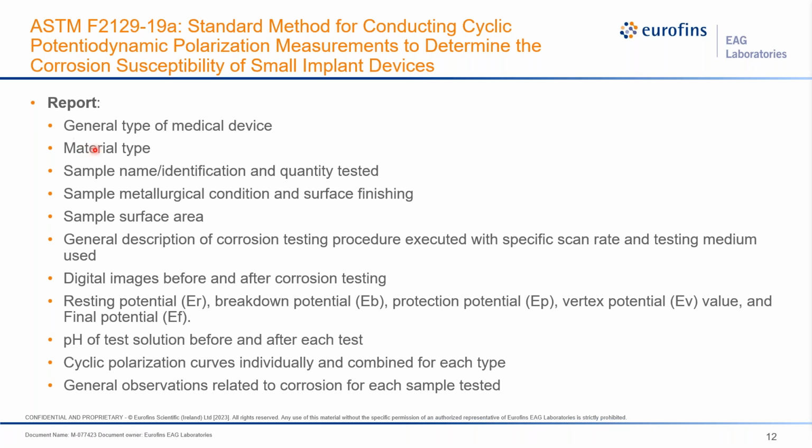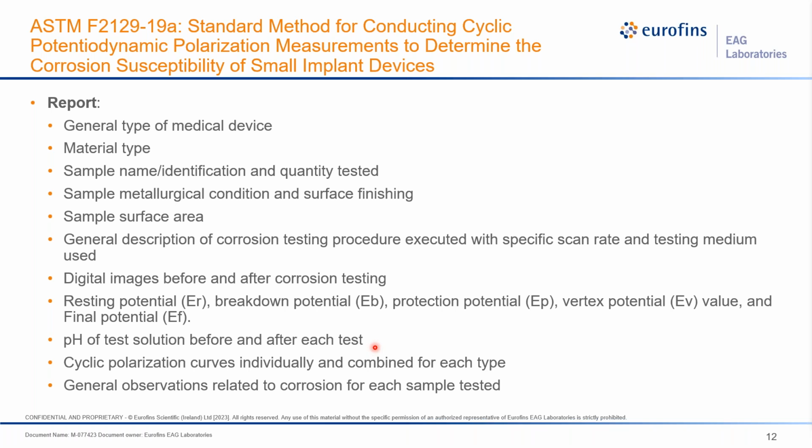We will tell you the general type of medical device, the material type, the sample name, identification, and quantity tested, the sample metallurgical condition and surface finishing, sample surface area, general description of corrosion testing procedure executed with specific scan rate and testing medium used, digital images before and after corrosion testing, resting potential, breakdown potential if there is one, the protection potential if there is one, the vertex potential, and the final potential.